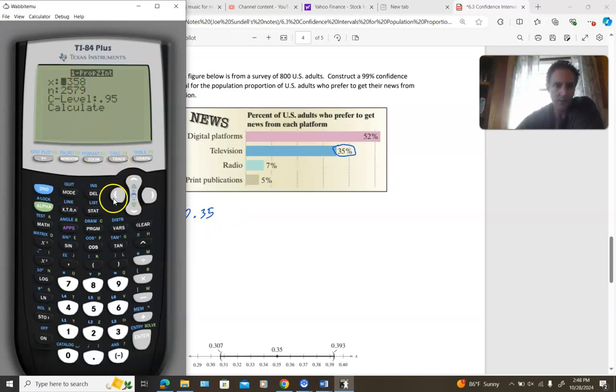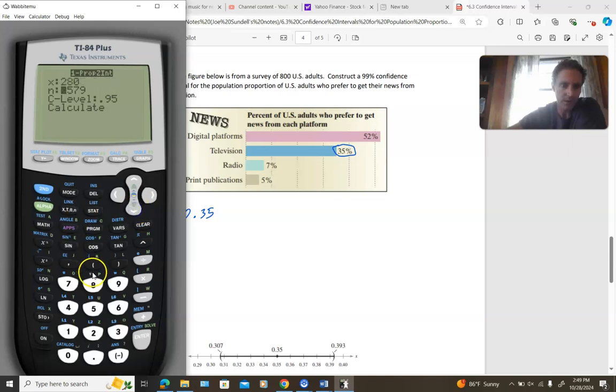So here we've got to figure out what X was. Well, X was whatever 35% of 800 is. So guys, you can literally type that in: 0.35 times the size of the sample, which is 800, and that would tell you what X had to have been, the number of adults in this survey that actually said television.